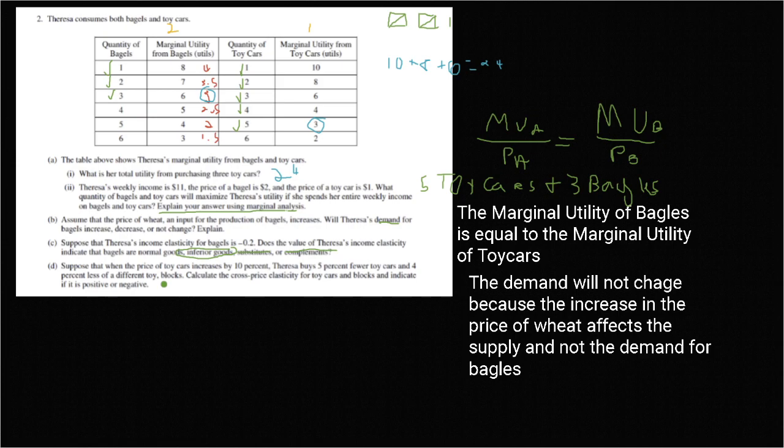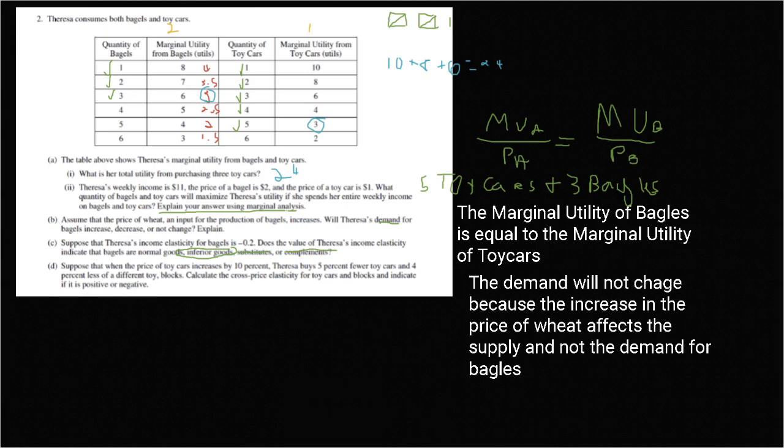All right. Suppose the price of toy cars increases by 10%. Teresa buys 5% fewer toy cars and 4% less toy blocks. Calculate the cross price elasticity of demand. So this is where the substitutes and complements idea comes in.